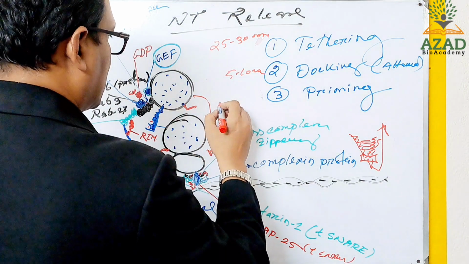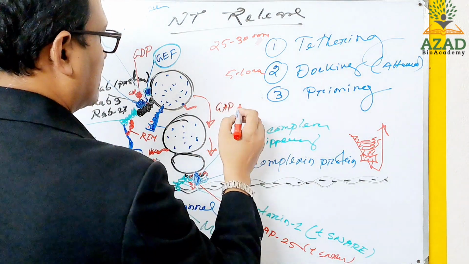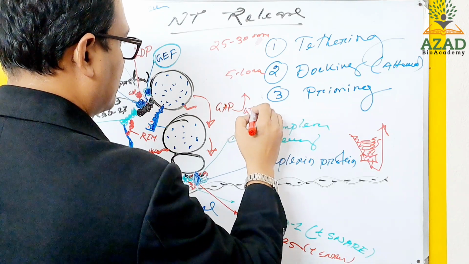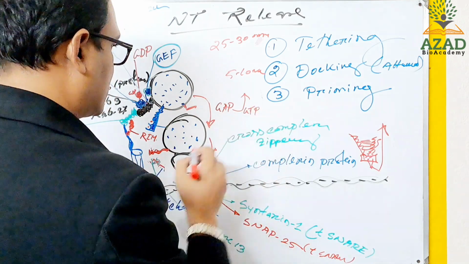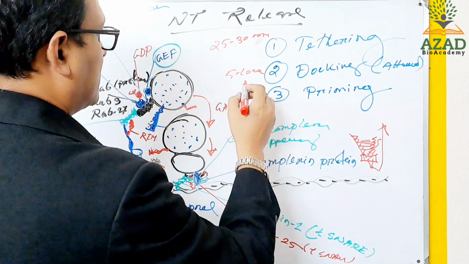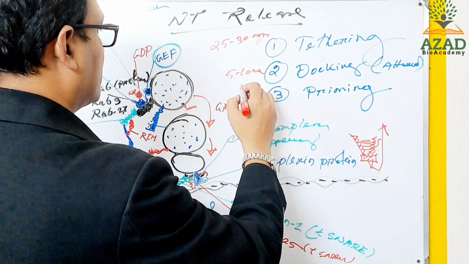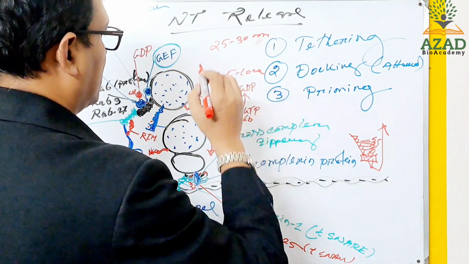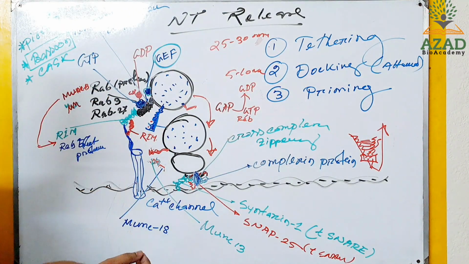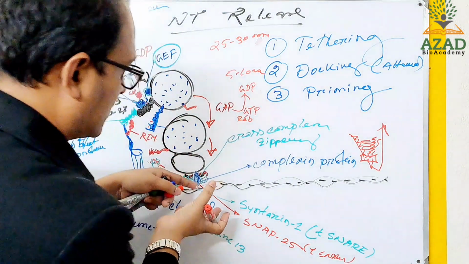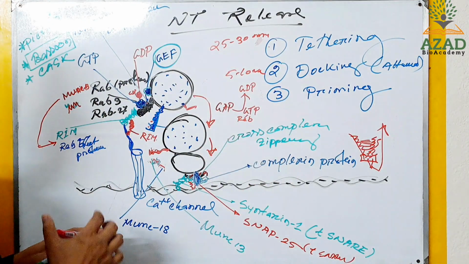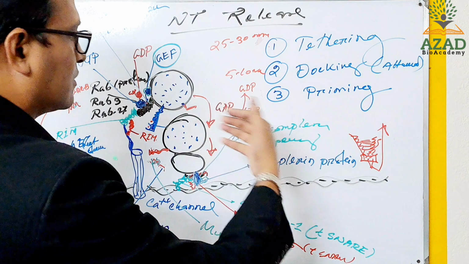That means GAP protein will hydrolyze the GTP attached with the RAB, and GTP will convert into GDP, and this connection will be loosened.